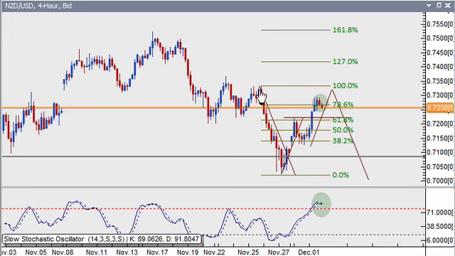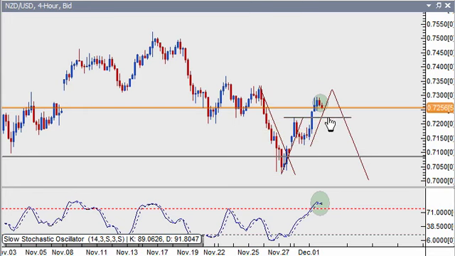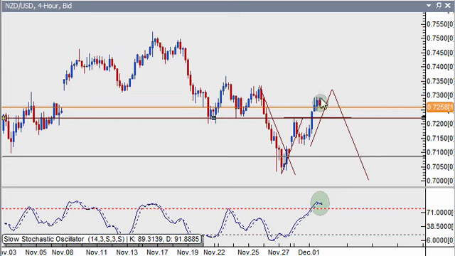I mentioned that stochastic is turning, so we would have to wait for a break of this as a confirmation, because at the moment, instead of a Gartley, this could just be a breakout. You see here, this was the support, and now this resistance, and this is a breakout.